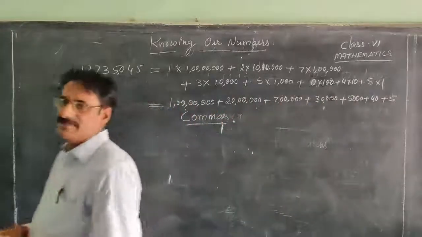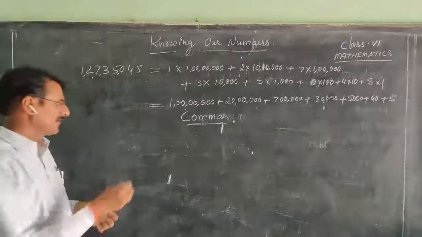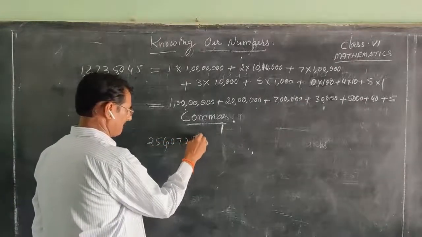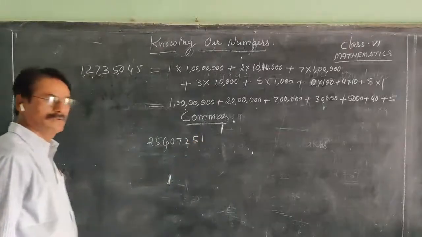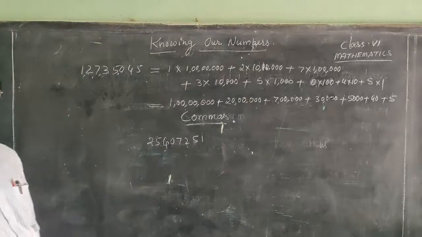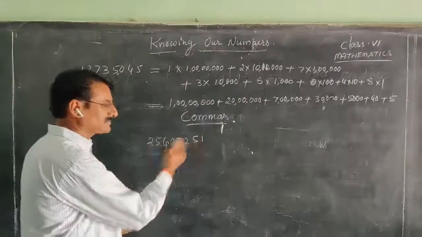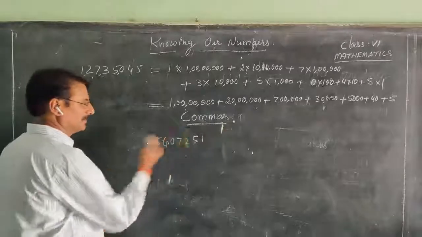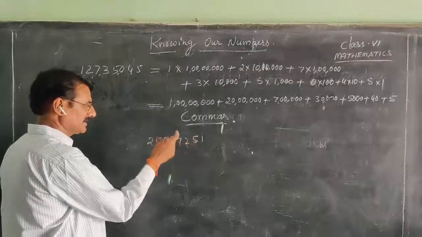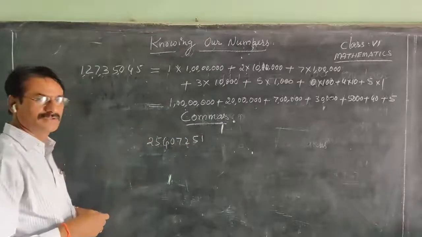Otherwise we get confused sometimes, and it will take much time to read and write. For example, this number without commas: you must read the places from right to left: 1, 10, 100, 1000, 10,000, lakh, 10 lakh, crore, like that.